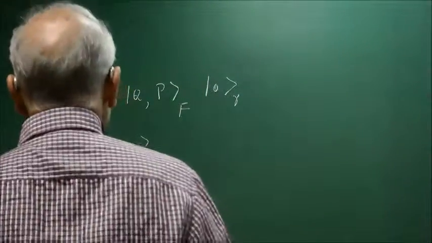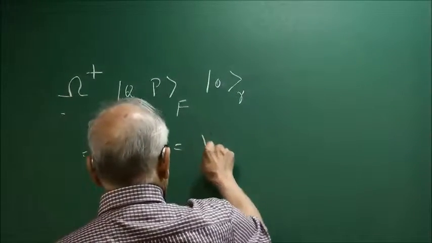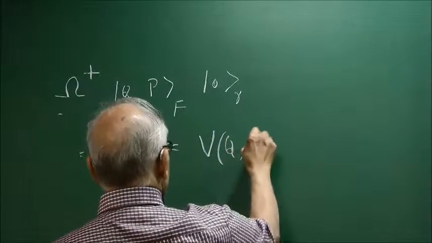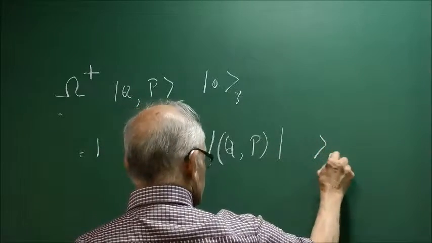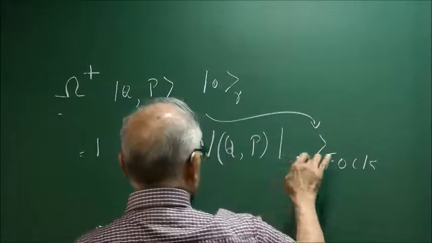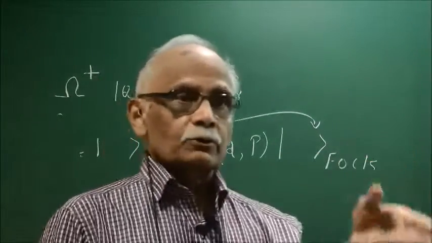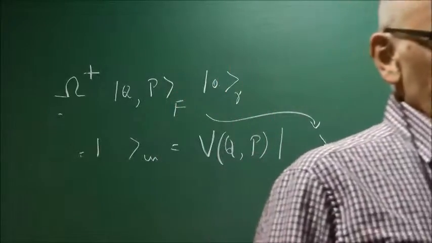But what happens in QED is that this object here is some vertex operator, which depends on the total charge and the total momentum, acting again on the Fock space. By Fock space I mean this object, the particle and the photon, and this vertex operator is the one that dresses the whole system. And what happens is that this operator takes you out of the Fock space into a non-Fock space.